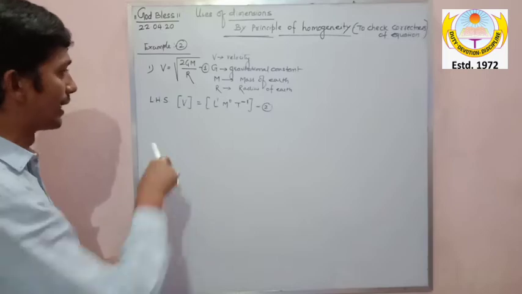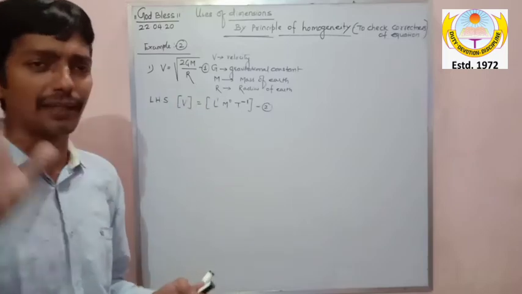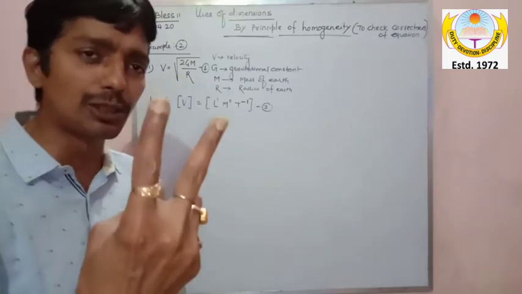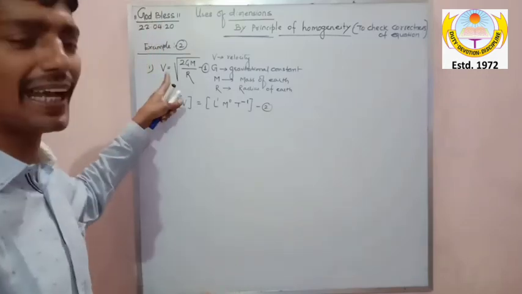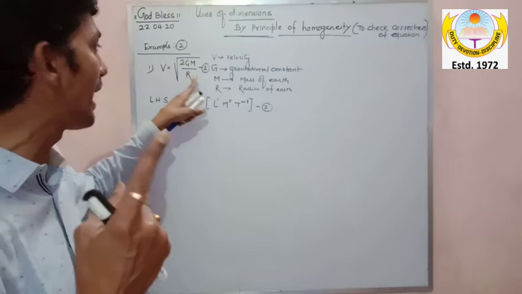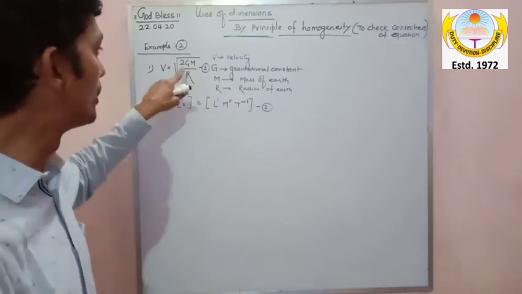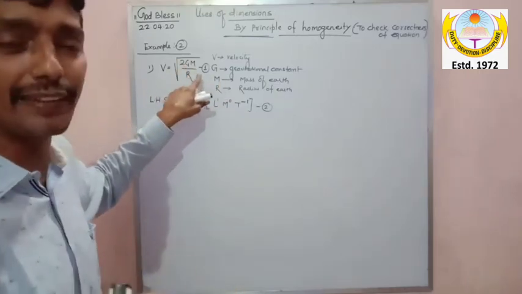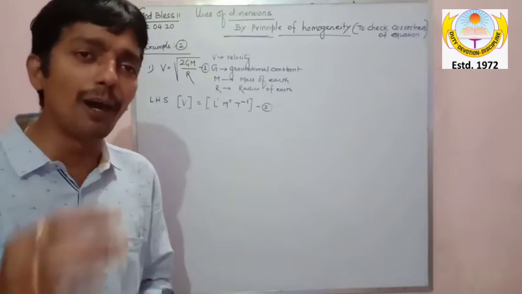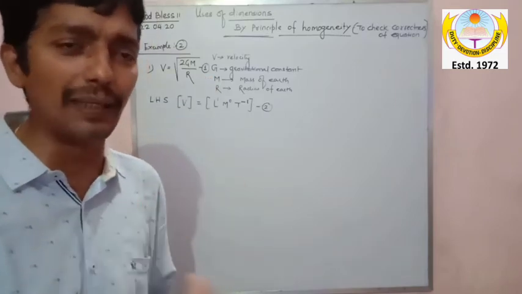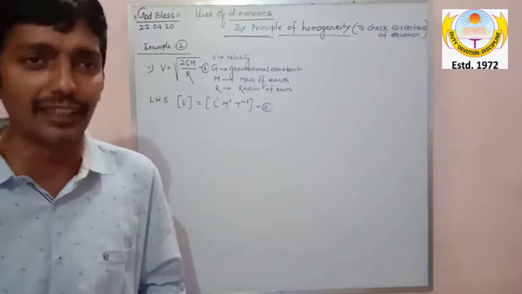Now my dear, on the right hand side there is only one term. In the earlier example there were 2 terms, I have taken one by one. But sometimes the equation has one term on LHS and one term on RHS. Don't see these many physical quantities and count them as terms. Terms are separated only by plus sign and minus sign. Please, now you are in class 11, you are understanding so much.